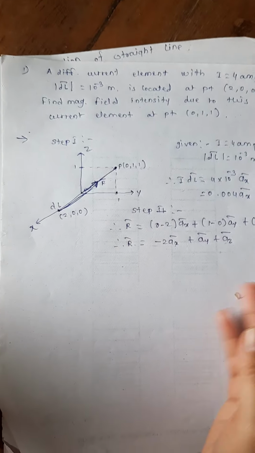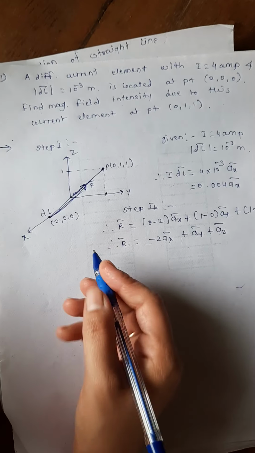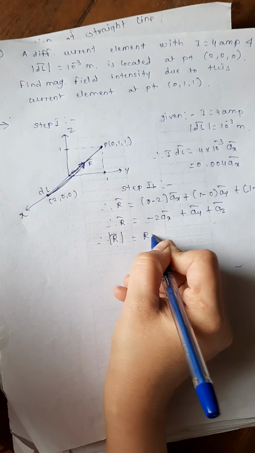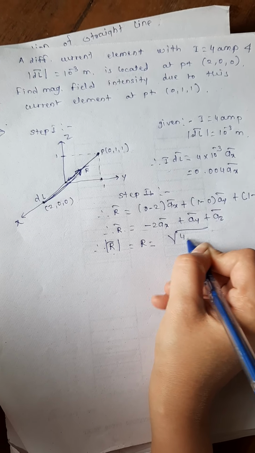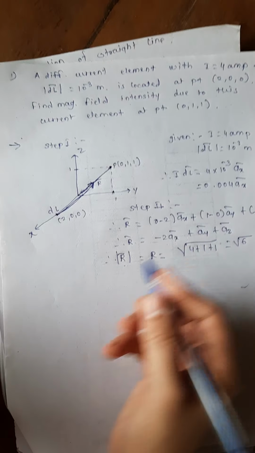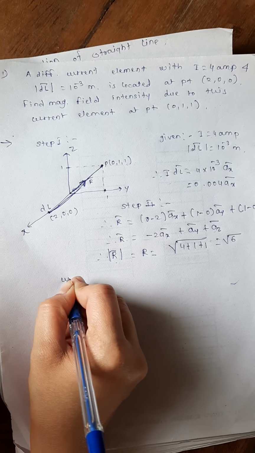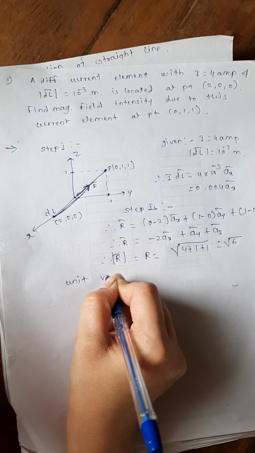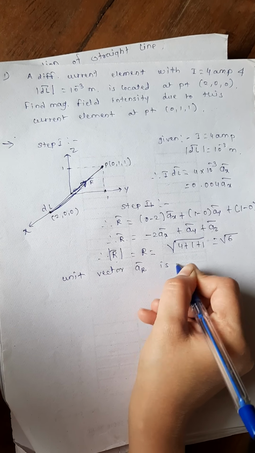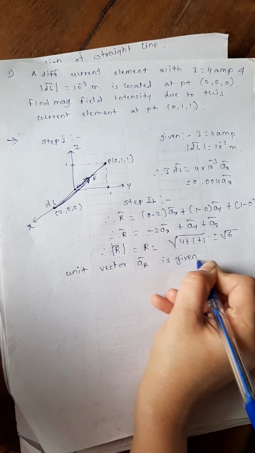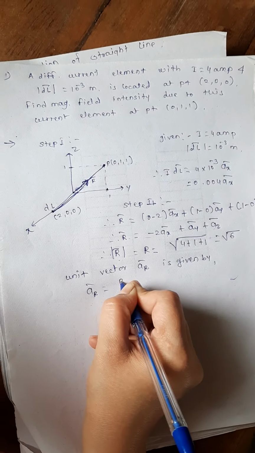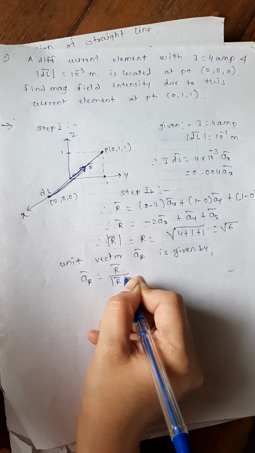So mod of r bar, r, is equal to square root of 6, and the unit vector ar bar is given by ar bar equal to r bar by mod of r bar.